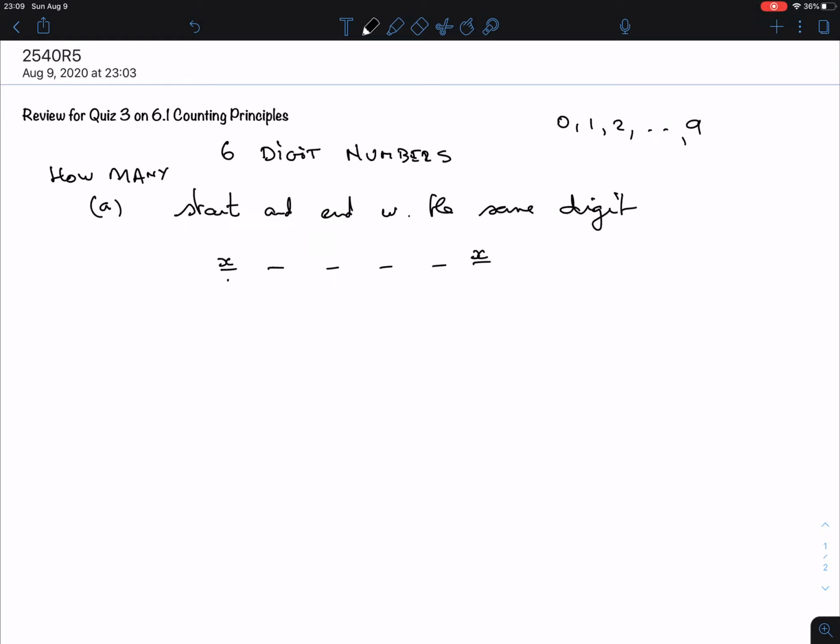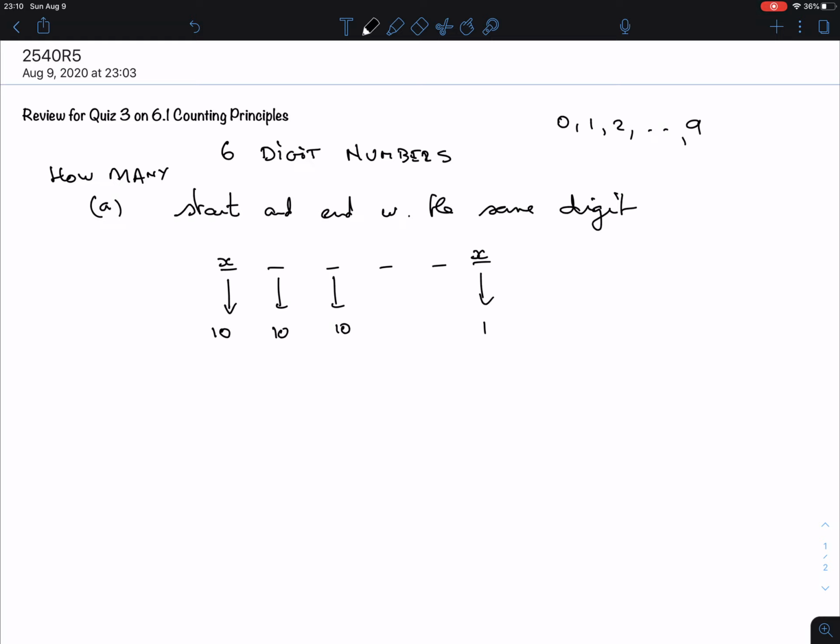So how many choices do I have? There are 10 digits, so I have 10 choices for the first one. But then I have only one choice for the last one; I am obliged to take the same one. That's where the restriction comes in. Now, how many choices do you have for the middle ones? Again, 10. There's nothing saying the next digit can't be the same as the first one.